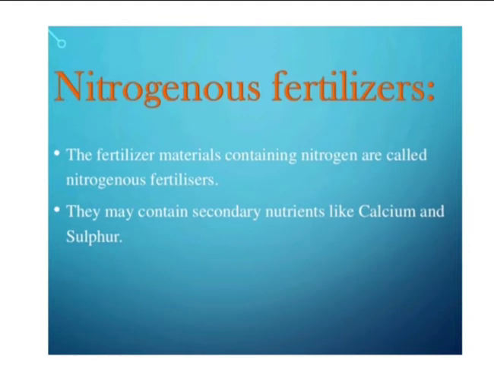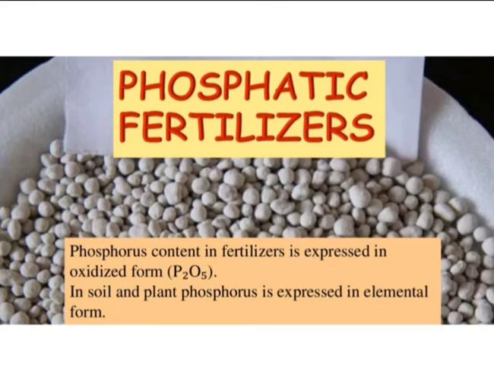Then there are nitrogenous fertilizer, potassic fertilizer and phosphatic fertilizer. So nitrogenous fertilizer means what? The fertilizer material which contains nitrogen is called a nitrogenous fertilizer. An example is urea. And they may contain secondary nutrients like calcium and sulfur. Then the next type is phosphatic fertilizer.